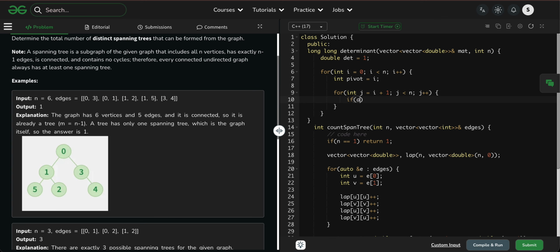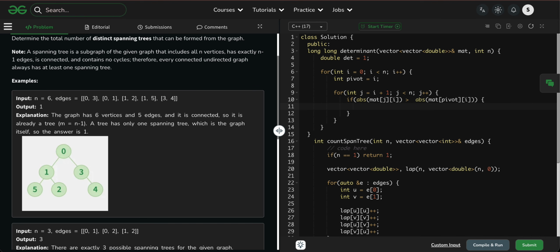Now if abs of mat of j to I, right, is greater than abs of mat of pivot of I, right. Now here is pivot is equal to j. Now as to if pivot is 0, then determinant is equal to 0, right?